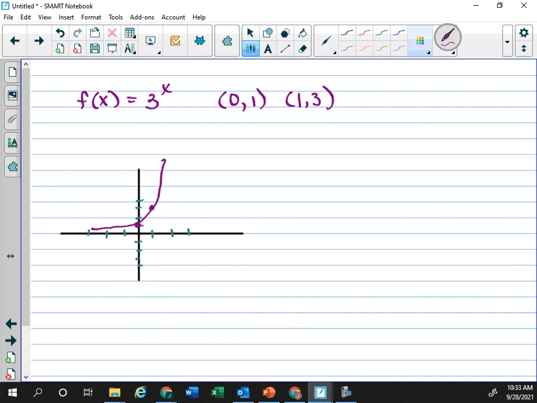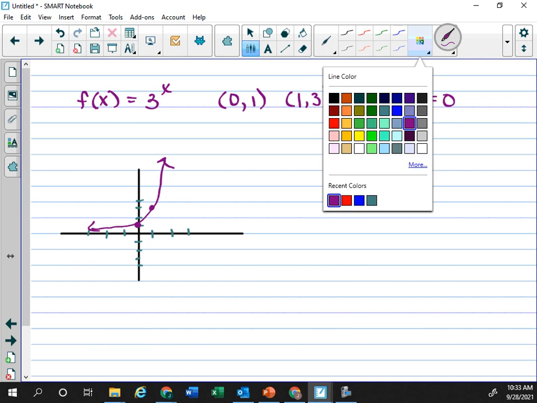There is my exponential graph, right? And we had a horizontal asymptote of y equals 0. You guys are pros at graphing that now, right?